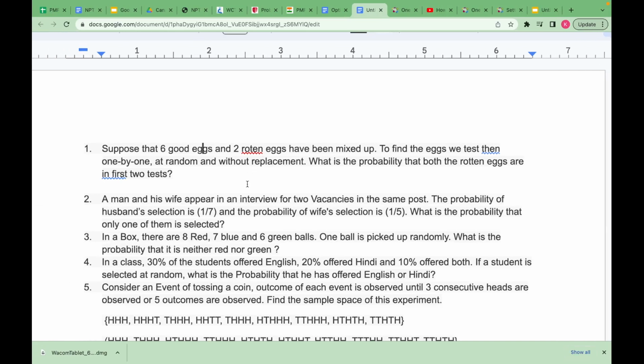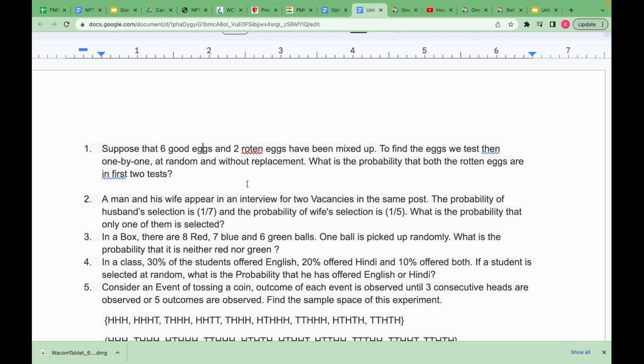So first question is, suppose that 6 good eggs and 2 rotten eggs have been mixed up, and to find the rotten eggs we test them one by one and at random without replacement. Here, without replacement is an important aspect: from those total 8 eggs, after checking an egg, we are not putting it back into that group of eggs.